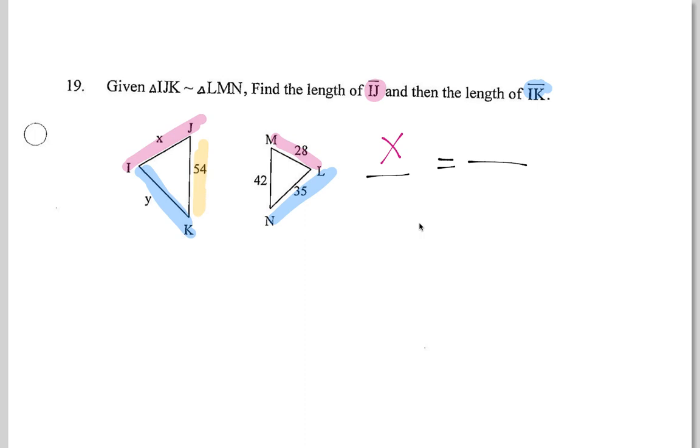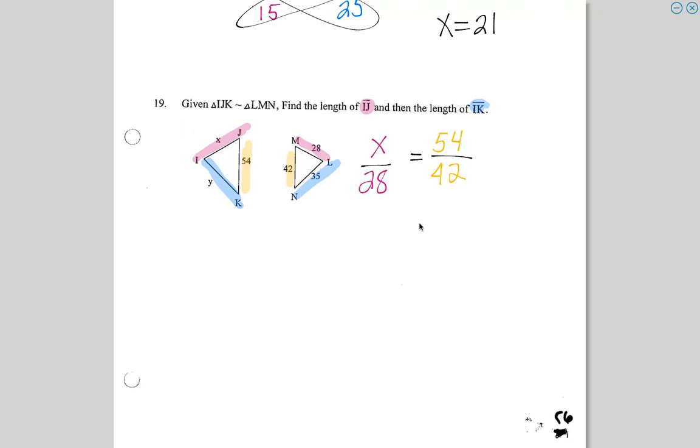So that means 54 goes with 42. So x over 28 equals 54 over 42. And when I set up the next one, it's going to be y over 35 equals 54 over 42.